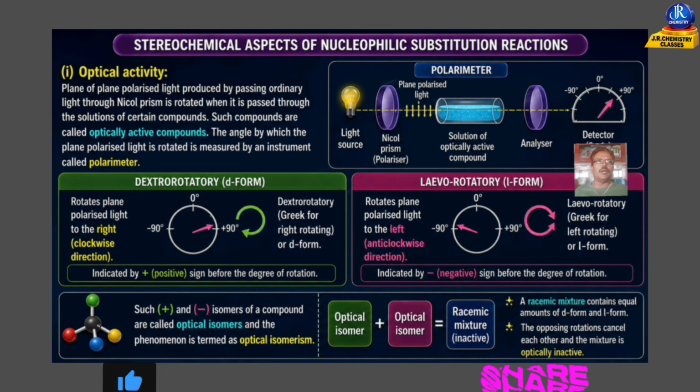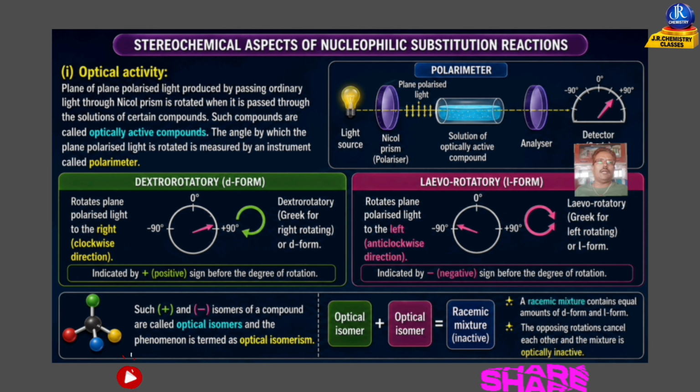If the compound rotates the plane of polarized light to the right, that is in a clockwise direction, it is called dextrorotatory, Greek for right rotating, or the D form, and is indicated by placing a positive sign before the degree of rotation.